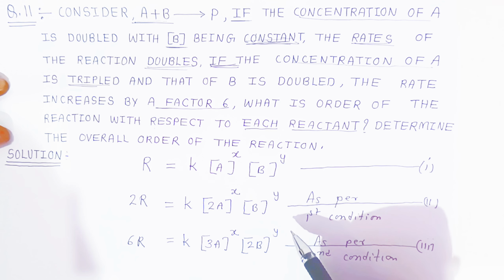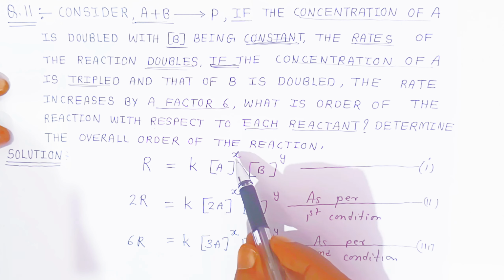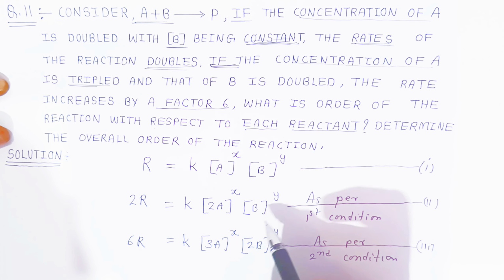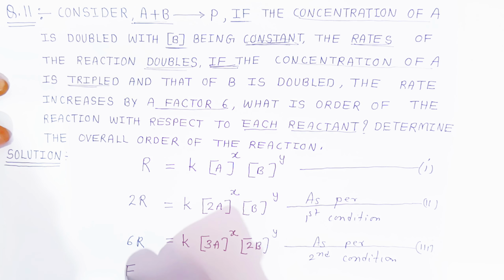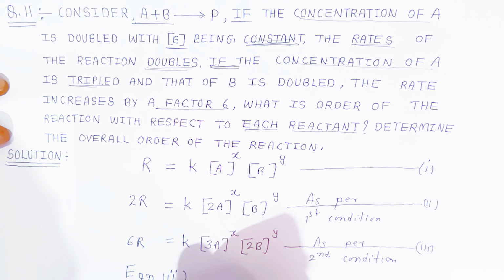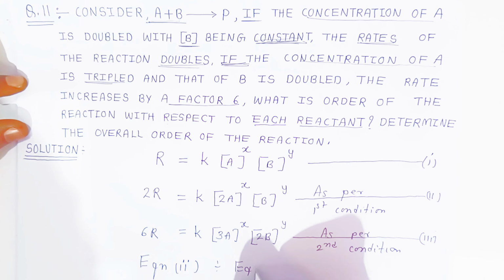Now students, how will you find X and Y? For that you have to look at the equations. See here students, in equation number 2, B raised to Y is common, so we can divide equation number 2 by equation 1. So by observing the equations, you have to select the equation. Now we are dividing equation 2 by equation 1.